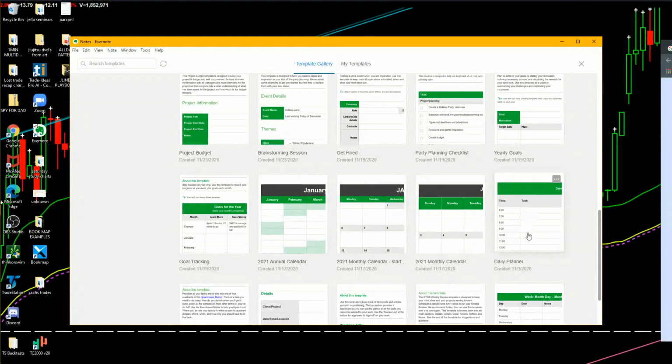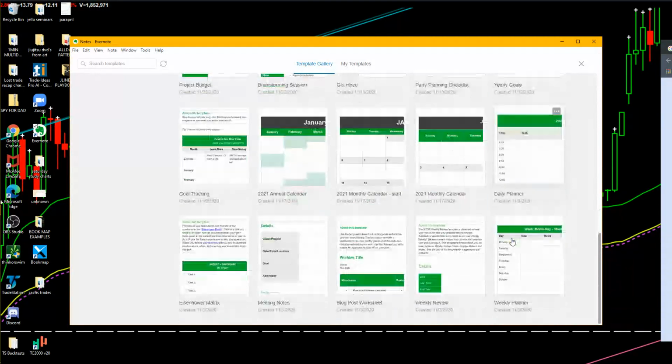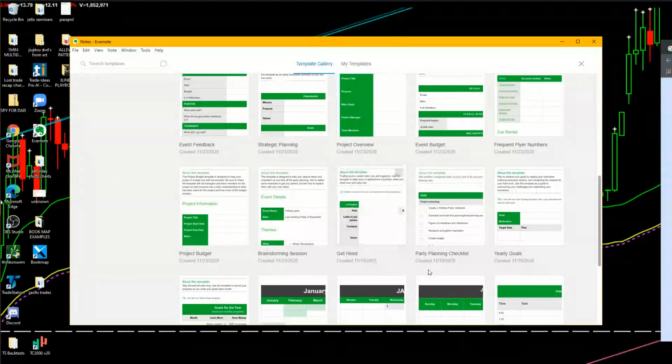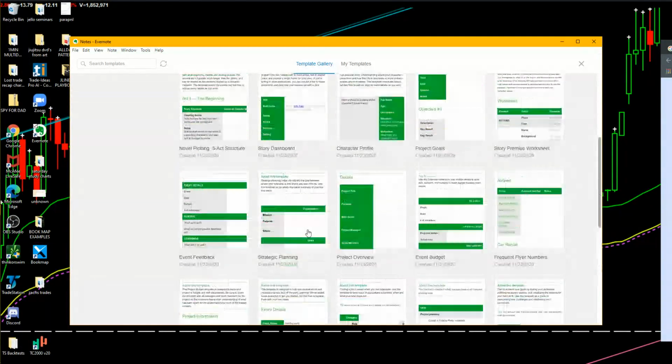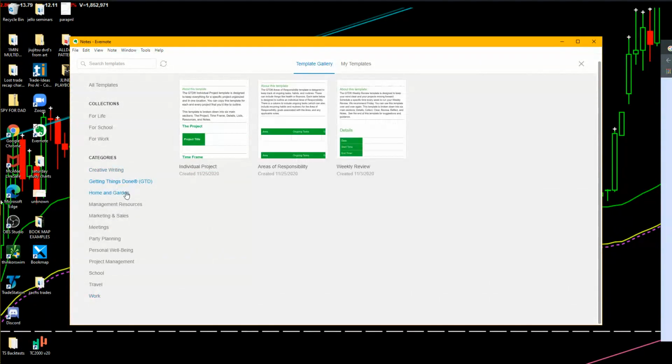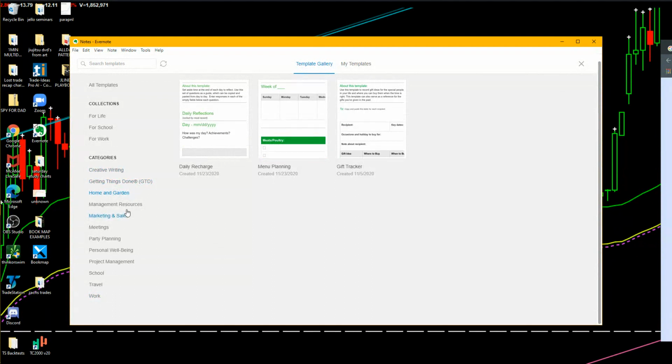They look like they have a couple that are grid style that would work. And the good thing about the templates in Evernote is that they're completely configurable, so you definitely can change them. I think that you could for sure get by.